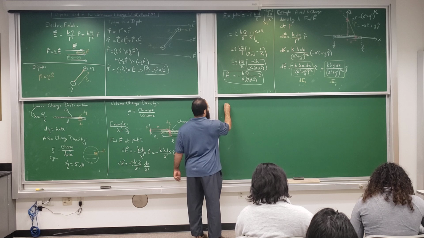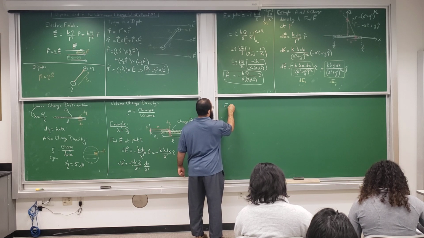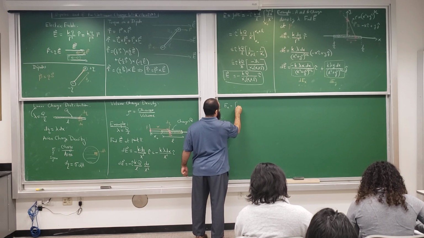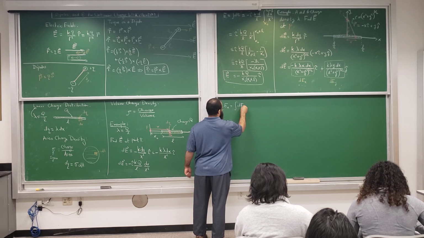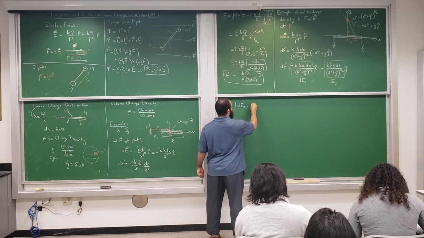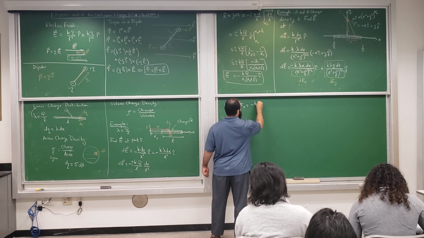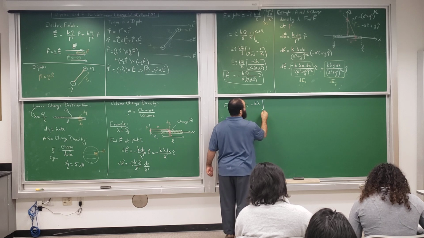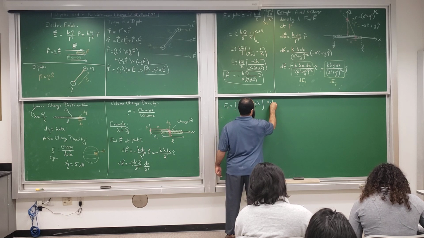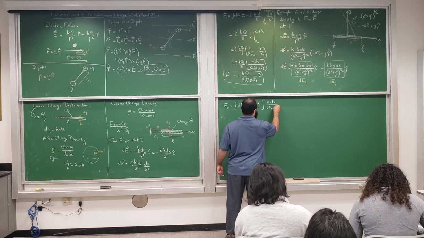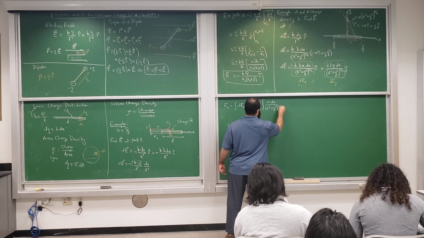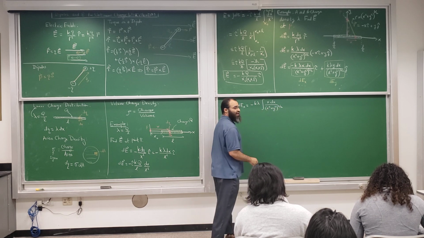So here is the first integral. Ex is going to be the integral of dEx, which is minus k lambda integral x dx over x squared plus y squared to the power 3/2, evaluated between what?